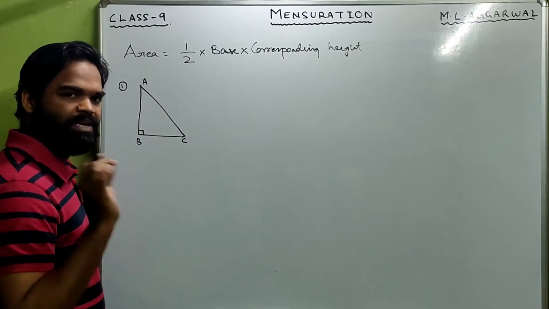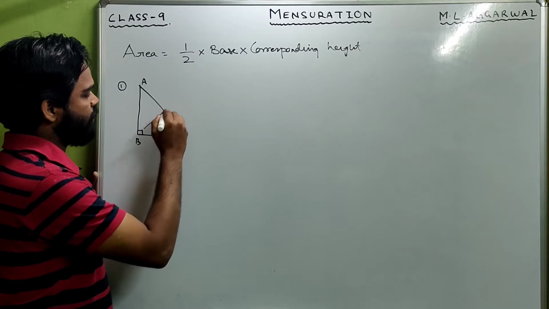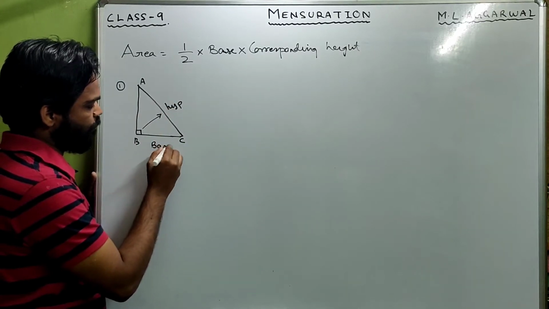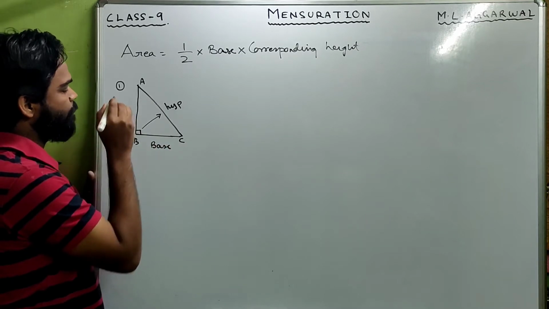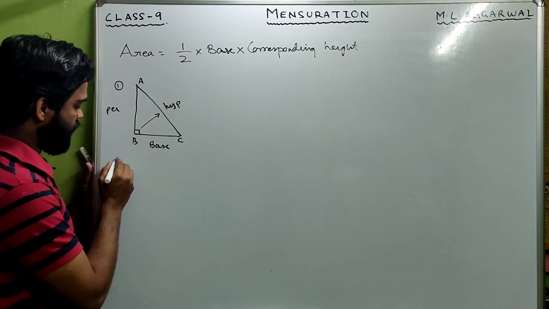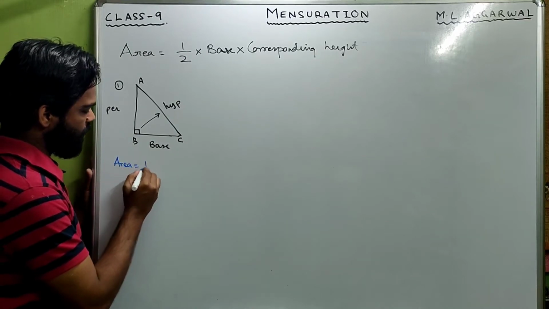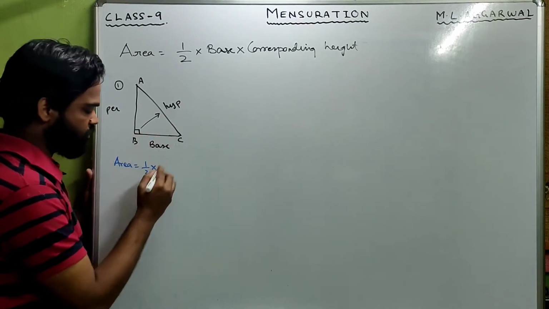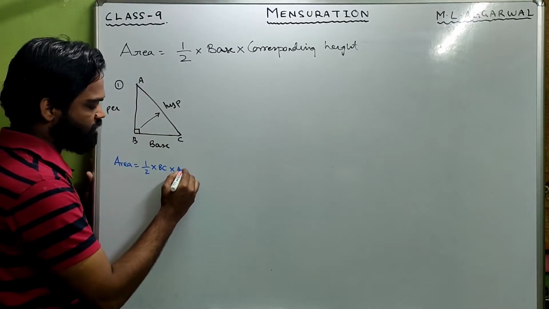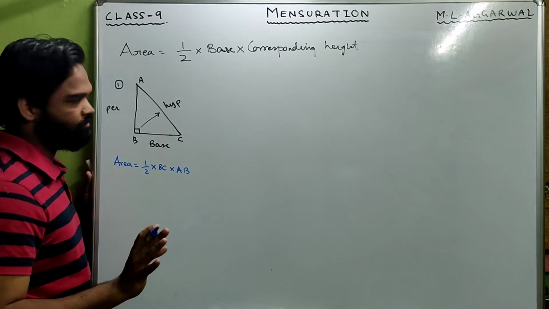Suppose I take B as 90 degrees, then this becomes your hypotenuse, this becomes your base, and this becomes your perpendicular. Then area of this right angle triangle will be nothing but half into base, which is BC, into altitude or the corresponding height, which is AB in this case, which is very simple.